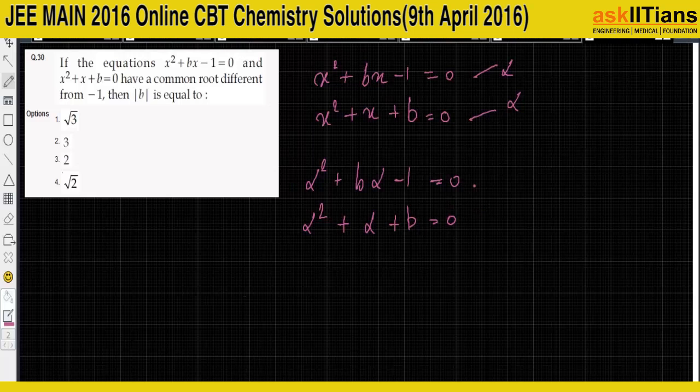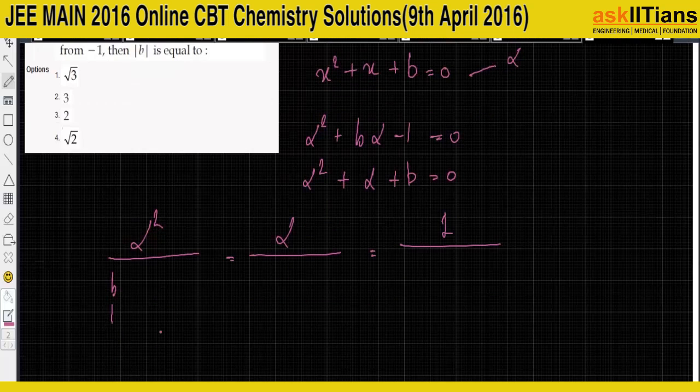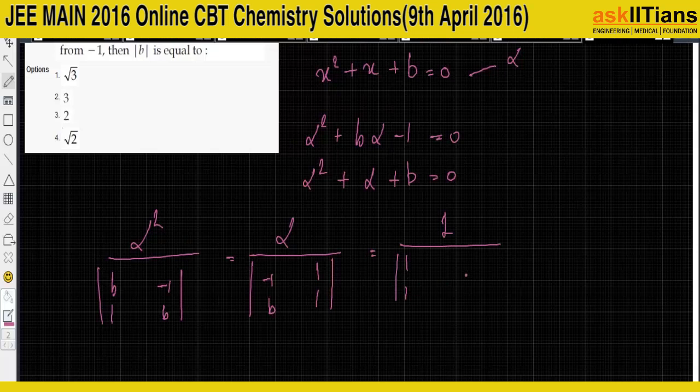Now I can solve these two equations by using the cross multiplication method. So I'll get this, and here below alpha square I'll write the determinant with rows b, minus 1 and 1, b, and here I'll get the determinants of the other columns.